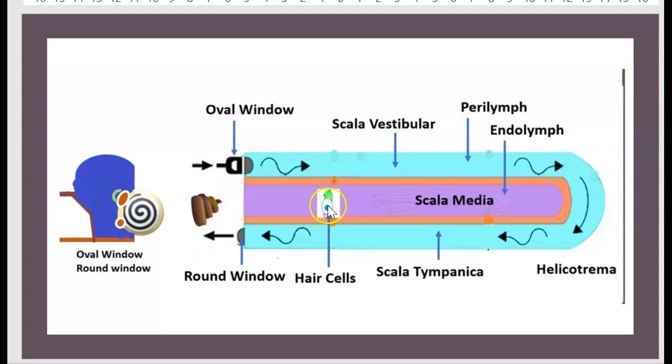The consequence is to transmit a stimulus to the hair cell that transforms mechanical energy into electrical energy.